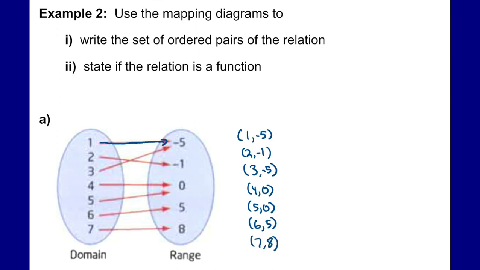Now, again, we talked about this before previously. As long as there's only one y value for every x value, we are okay. It can be the same y value or the same range as another value, but as long as there's only one y value for that x value. In this case, there is, so this is a function.